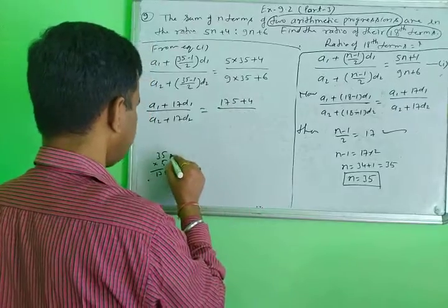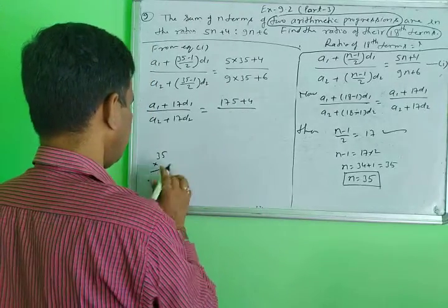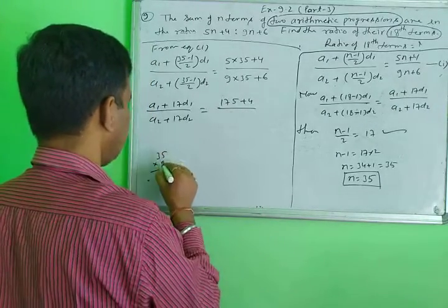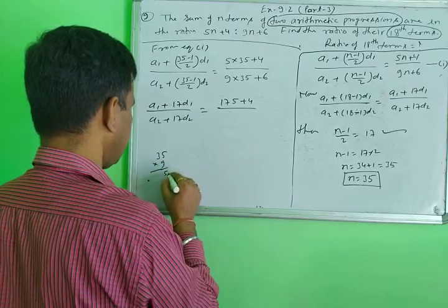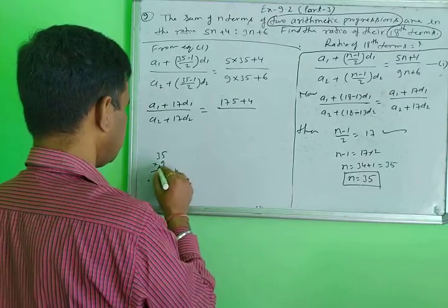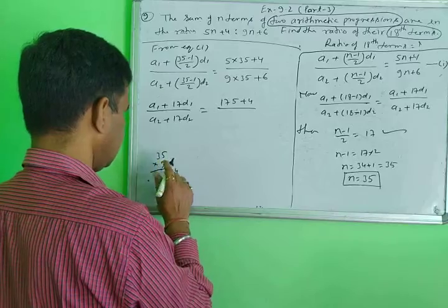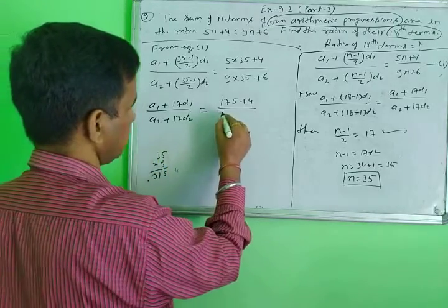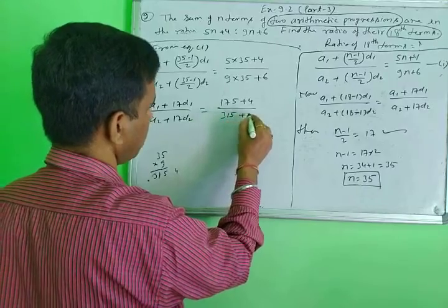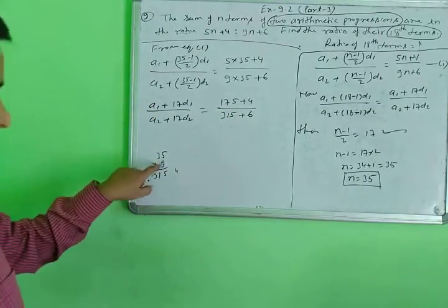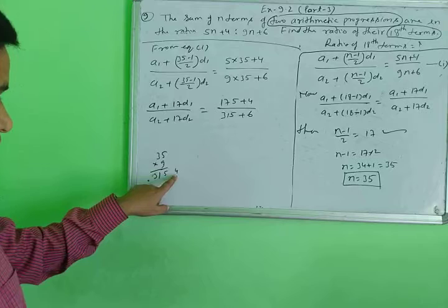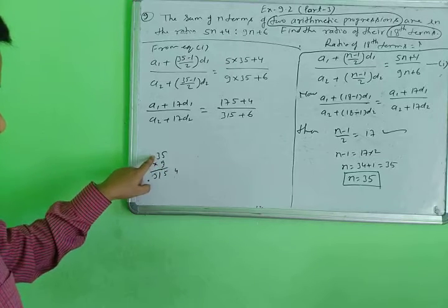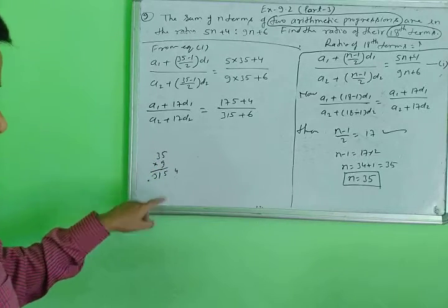Then 35 into 9: 9 fives are 45, carry 4, 9 threes are 27, plus 4 is 31, so 315, plus 6.